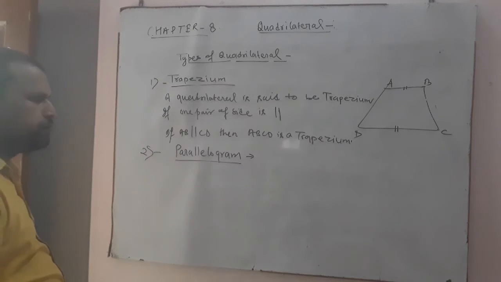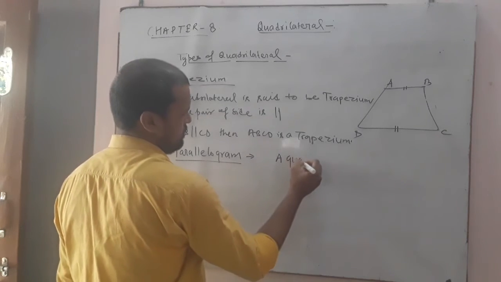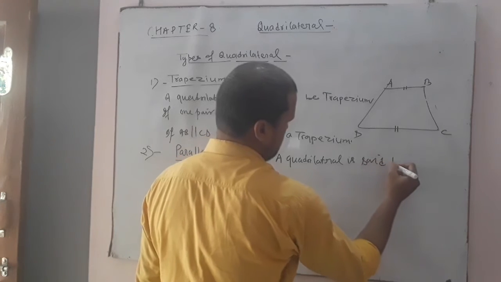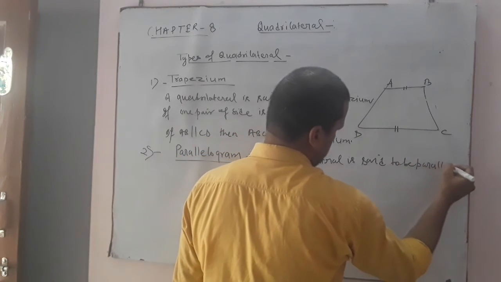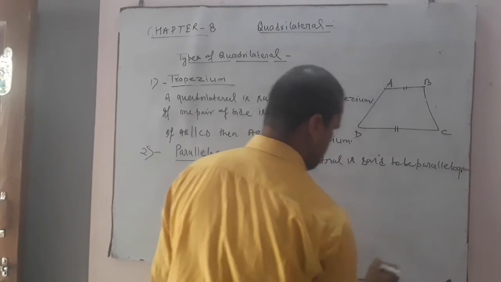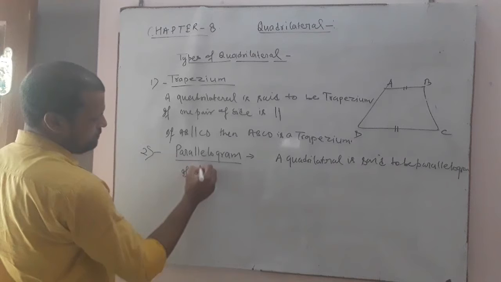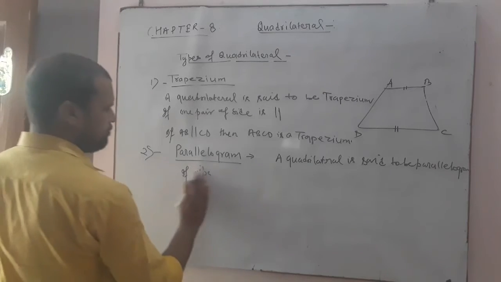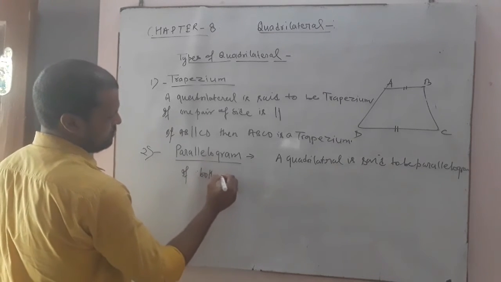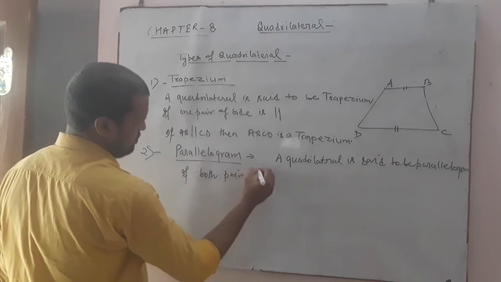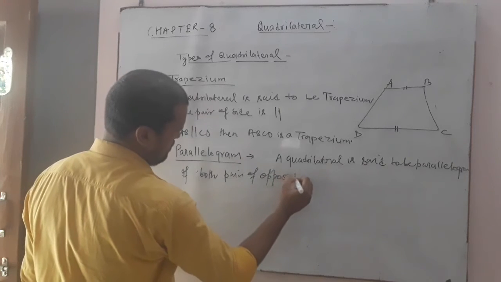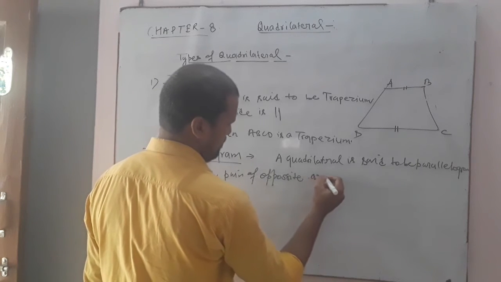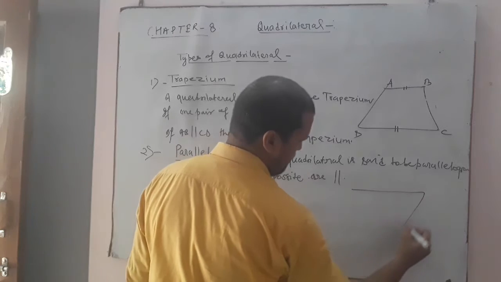A quadrilateral is said to be a parallelogram if both pairs of opposite sides are parallel, like this one.